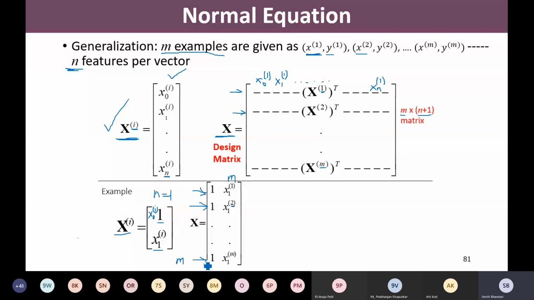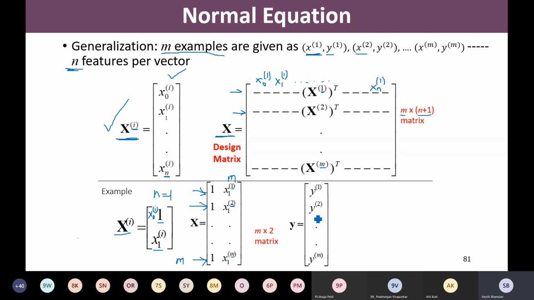So on, for the mth example, I'll have the feature vector 1, x1m. This x1 feature belongs to the mth sample, this one to the second sample, and this one to the first sample. This is how we form our design matrix. The size of this design matrix is m by n plus 1. Here n is 1, so n plus 1 is 2, and the size of my design matrix is m by 2.